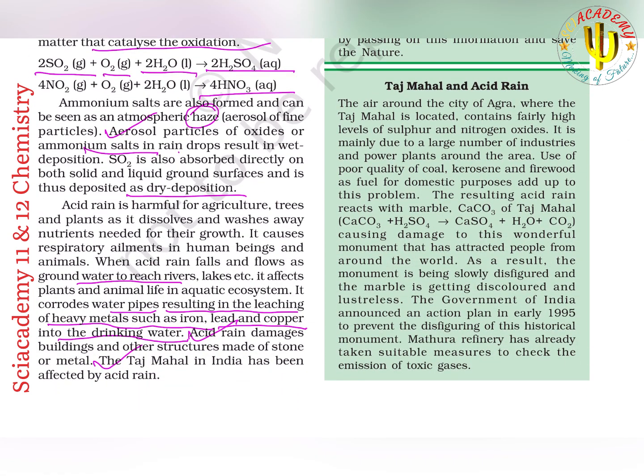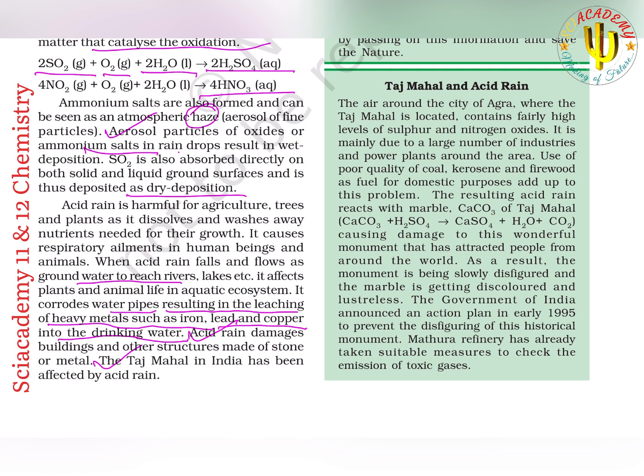Air around the city of Agra, where the Taj Mahal is located, contains a fairly high level of sulfur and nitrogen oxides. It is mainly due to a large number of industries and power plants around the area.